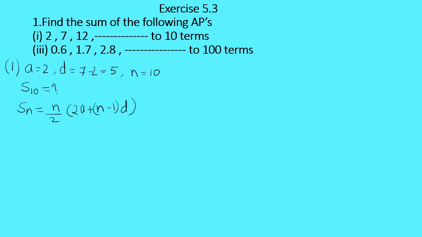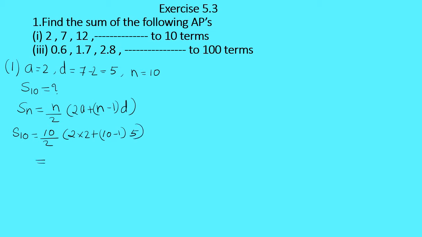Since you are finding the sum of n terms, that is S10, here n is 10. S10 equals 10 upon 2 multiplied by 2 multiplied by a, which is 2, plus n minus 1, n is 10, so 10 minus 1 multiplied by d, that is 5.